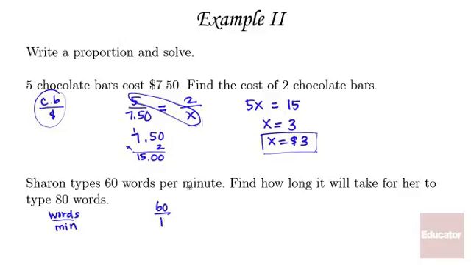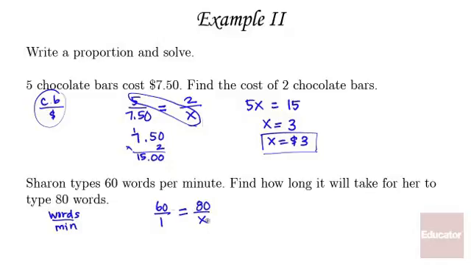Because the number of minutes is 1. And then how long will it take? They're asking for words or minutes? They're asking for minutes, right? How long? So this will be X down here. And then they're asking for 80 words.